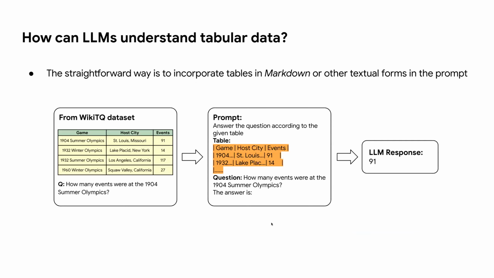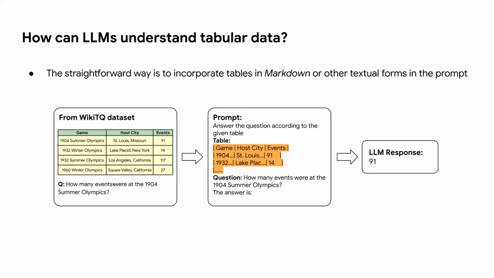Okay, as we all know, large models are so powerful these days, they can answer millions of questions with just one click. However, when it comes to tabular data, things are more complicated because tabular data are not just text. A very straightforward way to let a large model understand tabular data is to incorporate the tables into Markdown format or other textual formats in the prompt, as shown on the screen.